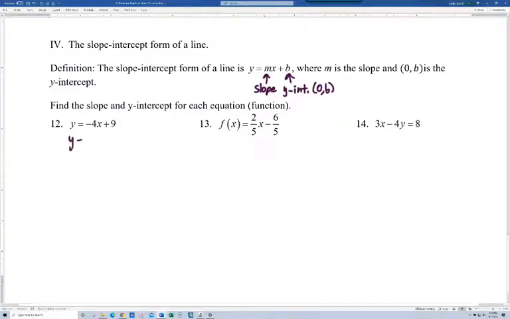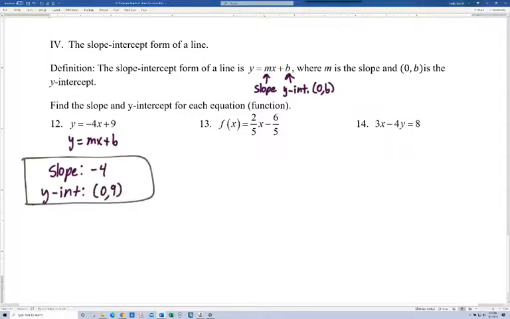All right, but these are pretty easy to do because the first two have been solved for y. Notice on number 12, it is in the form y equals mx plus b. So our slope here is -4, and our y-intercept is (0, 9). Again, this is my b value, and that's going to go right there.